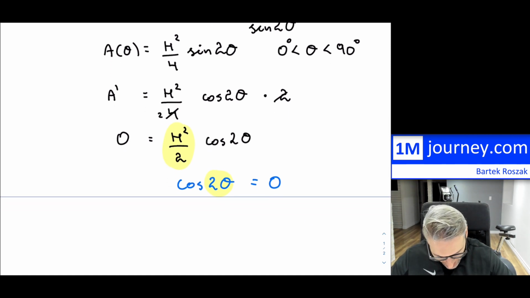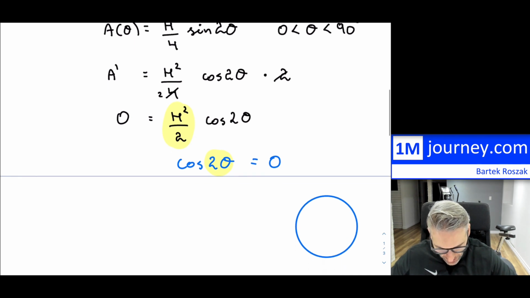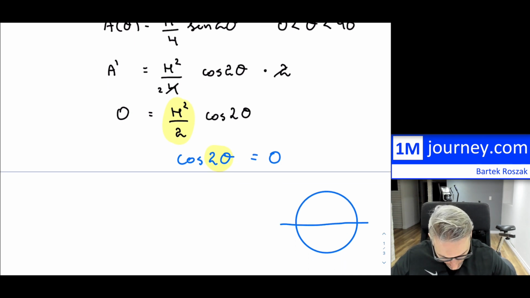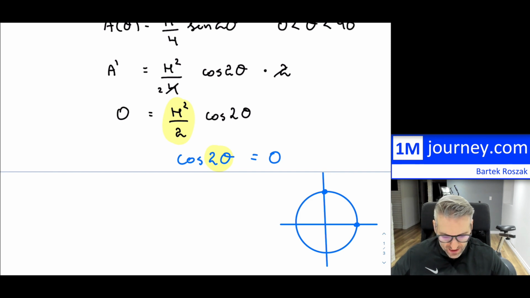And again, if you've forgotten, you can go back and think of your unit circle. We're just working in the unit circle between 0 and 90, so we're going between here and here. That's where we want theta to be. But when is cos equal to 0? Cos is equal to 0 right here, and right there.